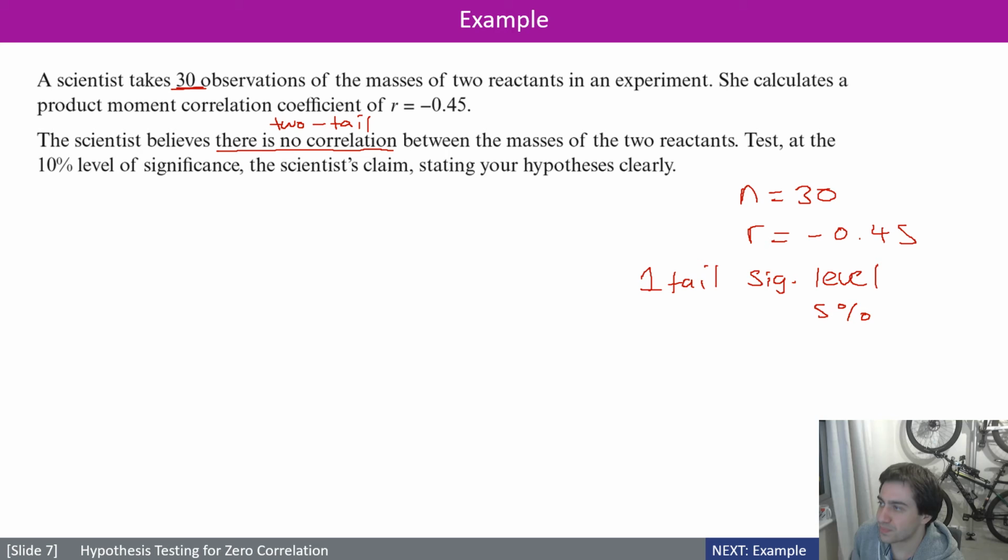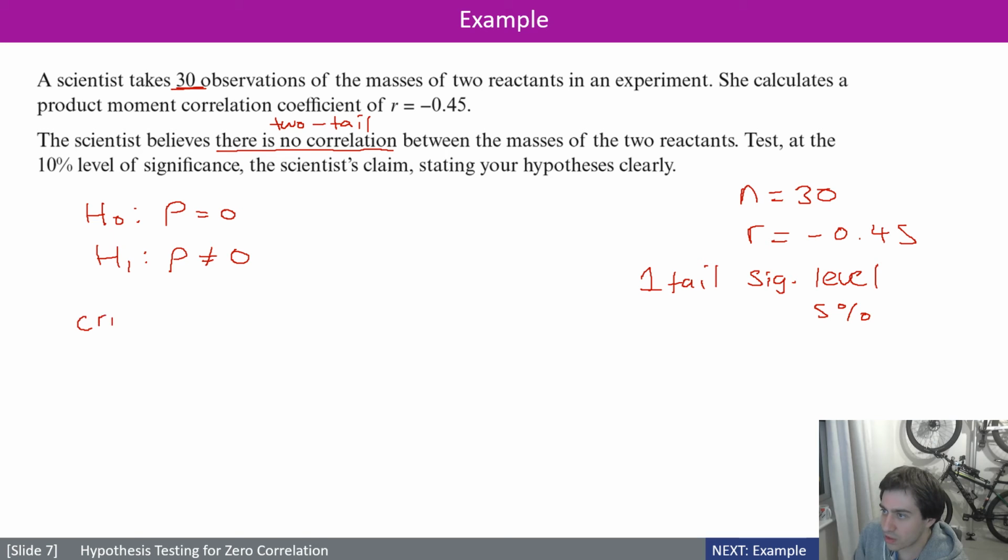Then let's state our hypotheses. H0, in this case, is always rho equals 0, and my alternative is rho is not 0. Then you go to the table.